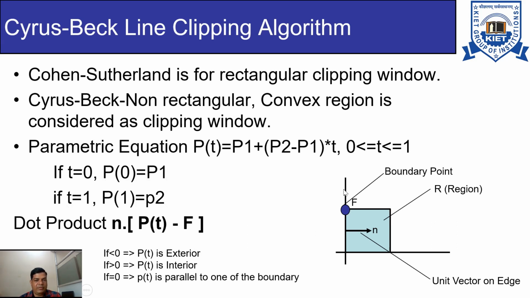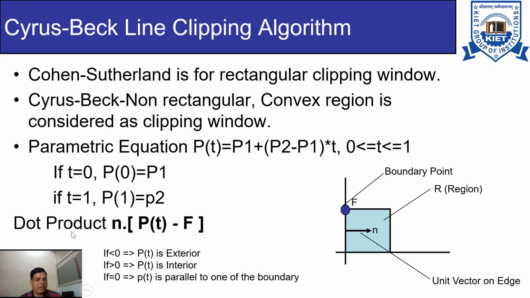Now here in the figure you can see that we have one region which is represented by R. Then we are taking one point called the boundary point, which is denoted by vector F, and we are taking one normal vector which is denoted by N, which is basically a unit vector on the edge of the clipping window.